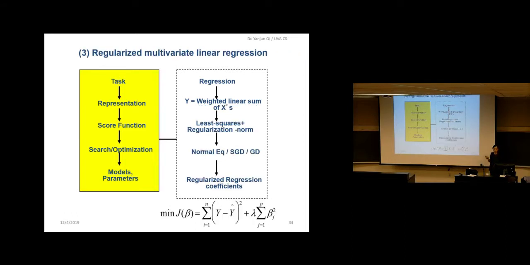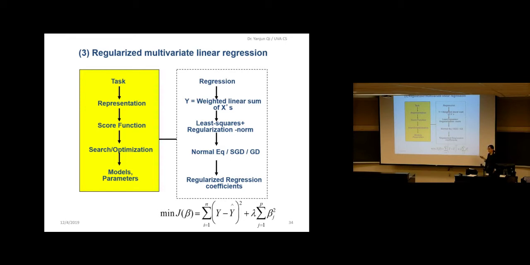All right, so regularized multivariate linear regression. Everything is the same as linear regression. The only difference here is the scoring function. It's not just the least square objective function. We revise the least square scoring function with a regularization term, which is normally a norm. We covered the L1 norm and also the L2 norm. The L2 norm is ridge regression.